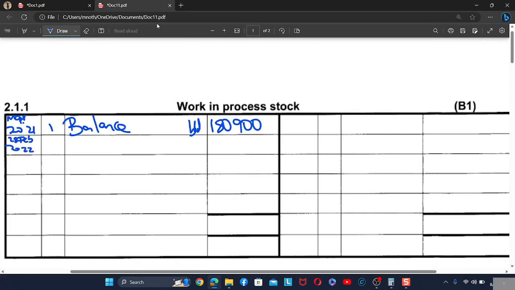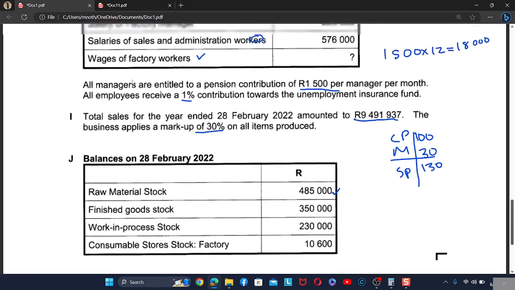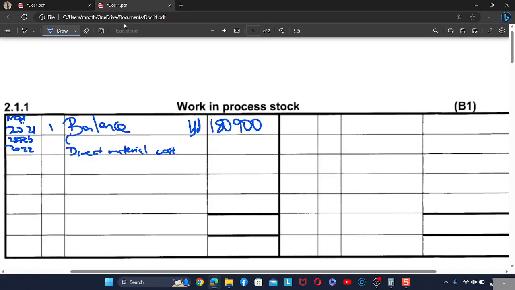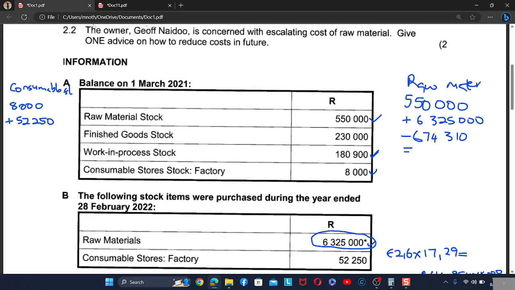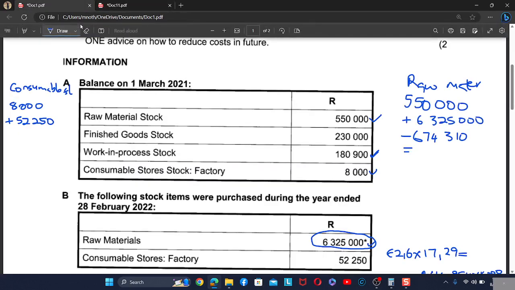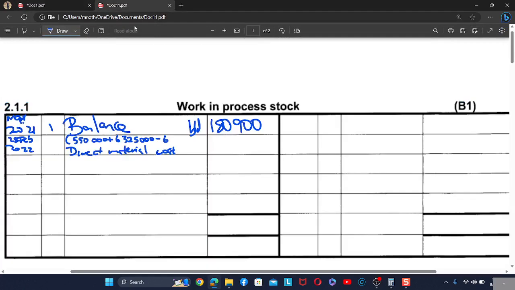So we have the direct material cost, right? How much is the direct material? Let's find it. 550,000 plus 6,325,000 minus 674,310, right?